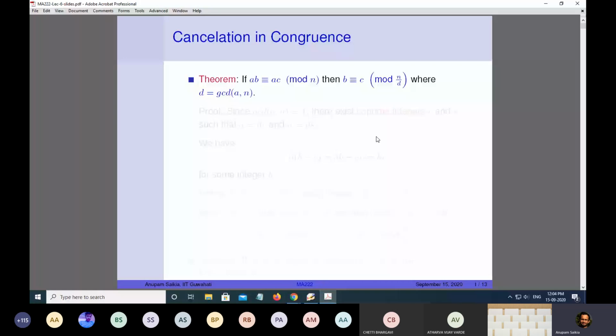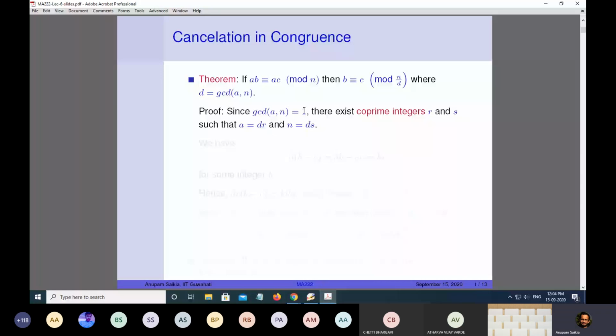Yes, this should have been d again. Since d is the GCD, if the GCD of a and n is d, there will be co-prime integers r and s such that a is dr and n is ds. Remember that this GCD is d.